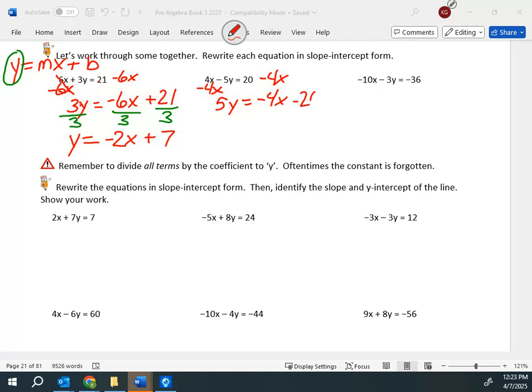Okay. Is that what other people wrote? I'm going to tell you there's a couple of oopses in here. Let's see if we can find some oopses. Harper. Why would it be negative 5y, Harper?